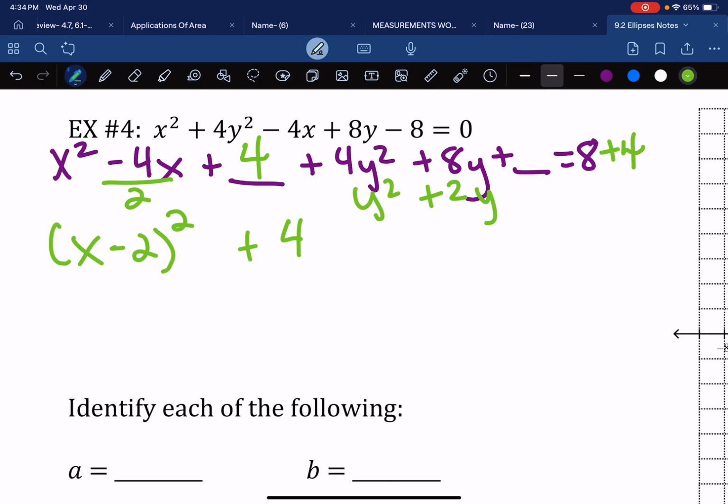Okay, so now I need to do 2 divided by 2, which is 1. So that's going to be y plus 1. And then square that. And then 1 squared is 1. Okay, the only thing is we've got that 4 times 1, so it's going to be plus 4 over here.